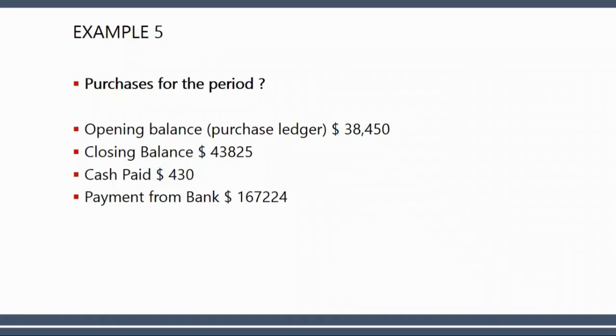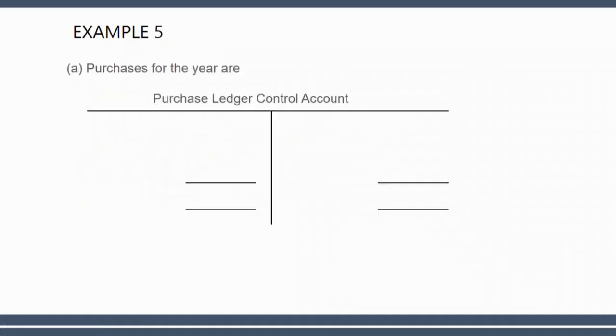And during the period we paid some cash to the supplier, and we also made some payment from the bank. So we make our ledger like this. It is the purchase ledger control account, and we've got opening balance 38,450 and closing balance 43,825. Whenever we make any payment, our liability will decrease, and decrease in liability means debit. So you debit the payable ledger when you make some payment.